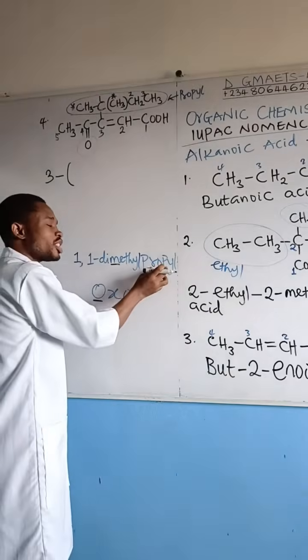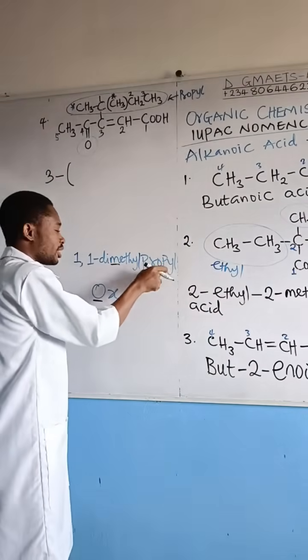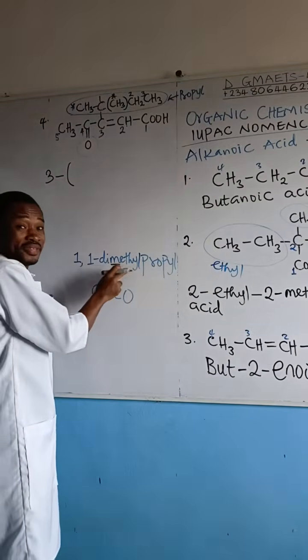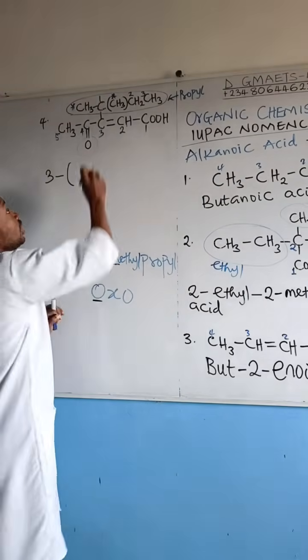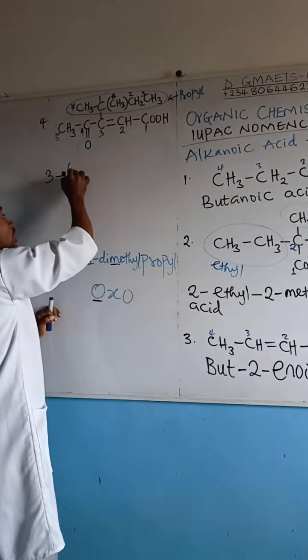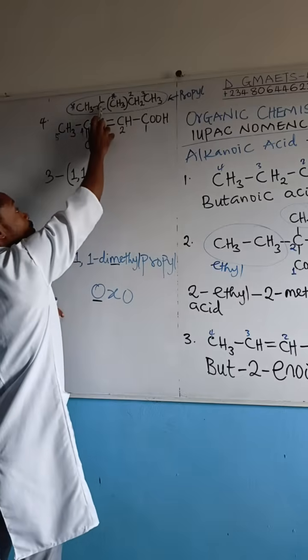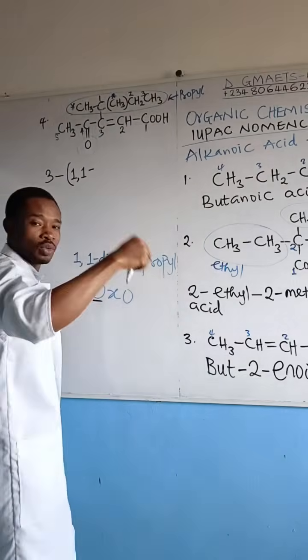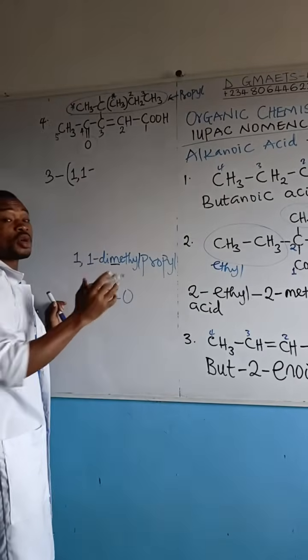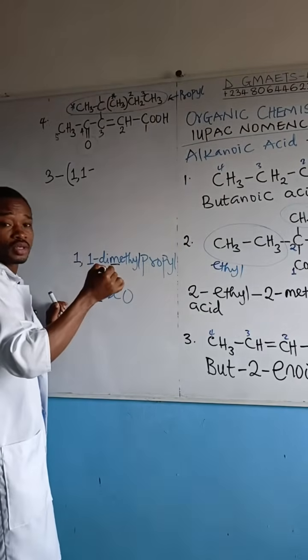But on carbon number 1 of that propyl attachment, you have 2 methyl attachments there. Look at it. So that's going to be 1,1. Because the attachments are the same on carbon number 1, you repeat the 1, using a comma to separate. Between numbers, you use a comma.